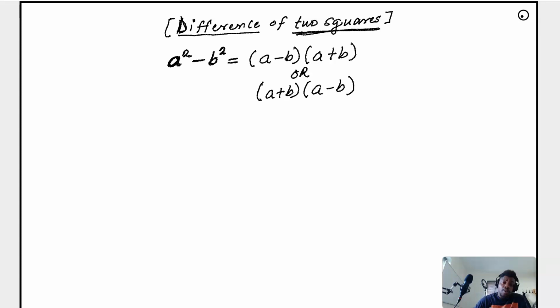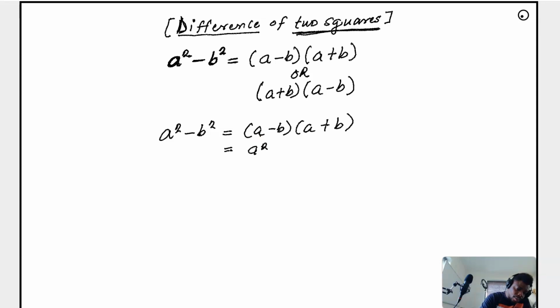Let's check it out using a squared minus b squared. We said it's equal to a minus b and a plus b. So a times a is a squared, a times plus b is plus ab, minus b times a is minus ab, minus b times plus b is minus b squared. So you have a squared, plus ab minus ab cancel out because this is plus and this is minus, then we have minus b squared.